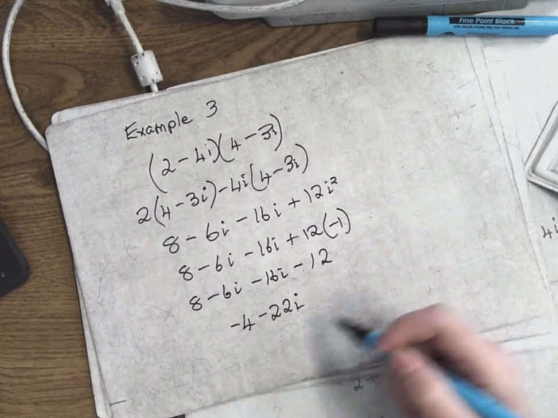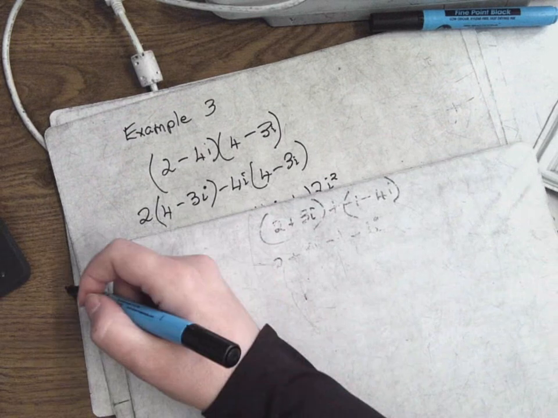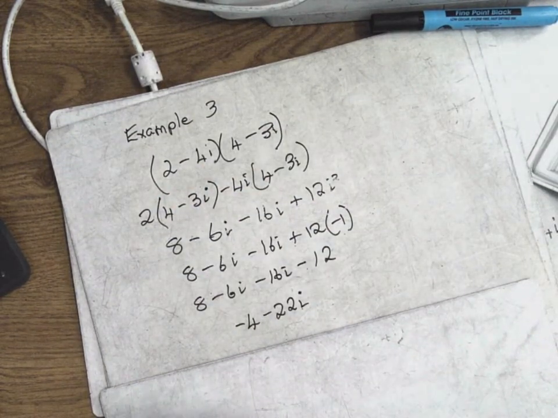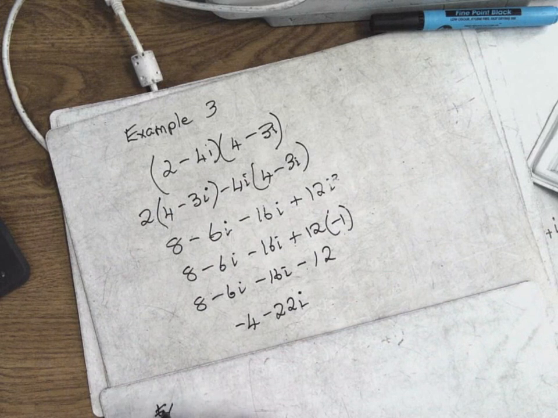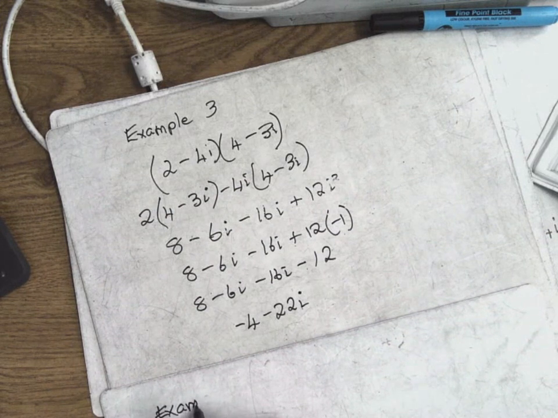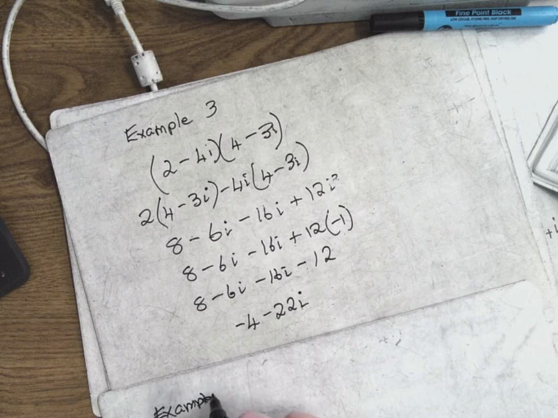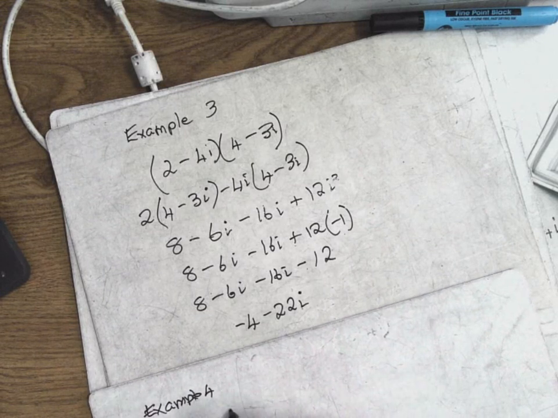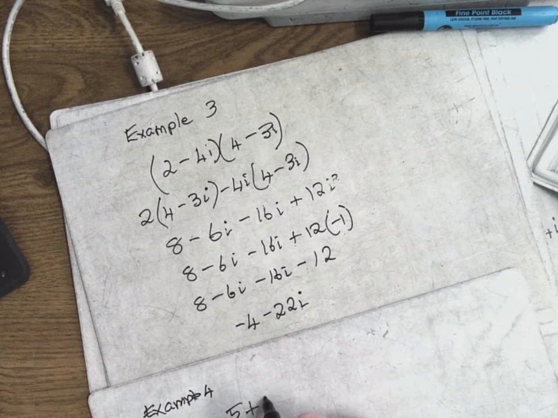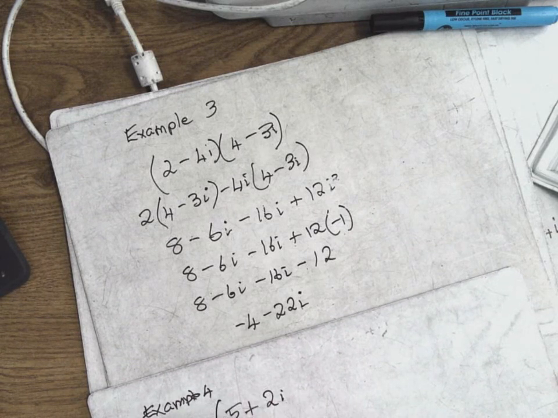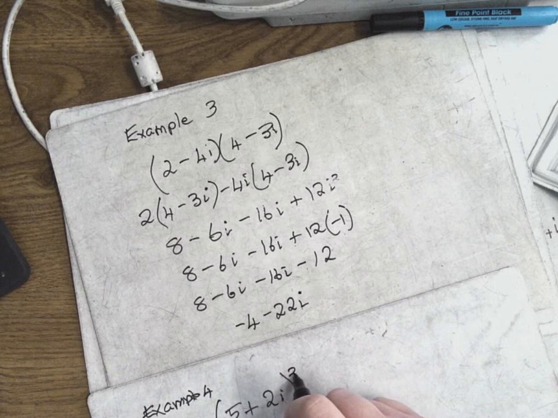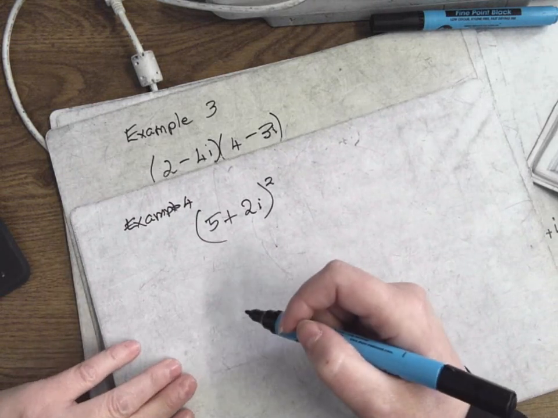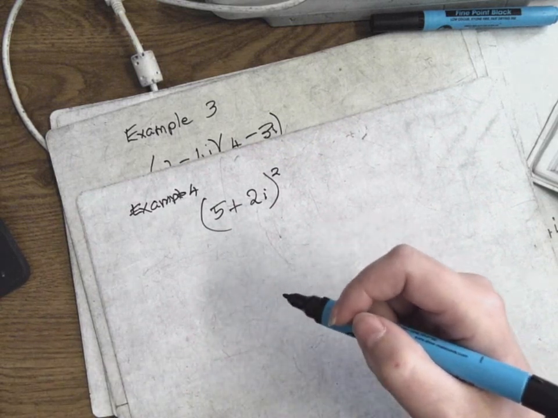Example 4. 5 plus 2i all to be squared. What does anything to be squared mean?